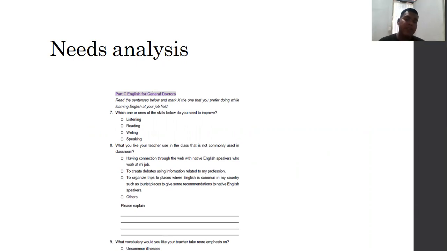For example, number 7 says, which of the skills below do you need to improve? I had to work on the 4 different skills because the person whose English level was A1 said, I want to improve listening, reading, writing, speaking, all of them. So I needed to work with them.